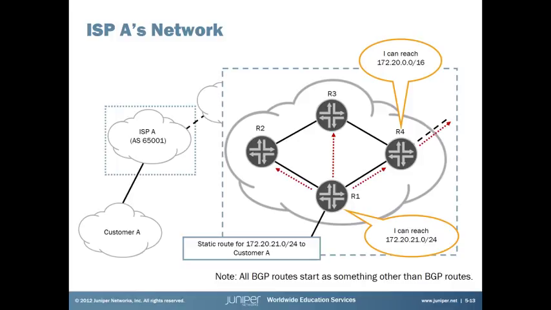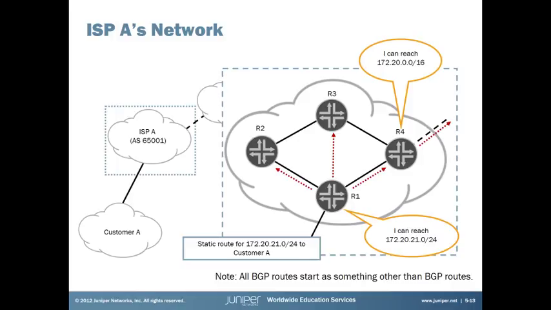And of course, any traffic that arrives on R4 from those peers, R4 will have the more specific routes to those specific networks, which would have been generated by its IGP. Does that make sense? ISP A's IGP will provide the specific routes it needs for connectivity within its own network. So all it needs to do is advertise the aggregate out.